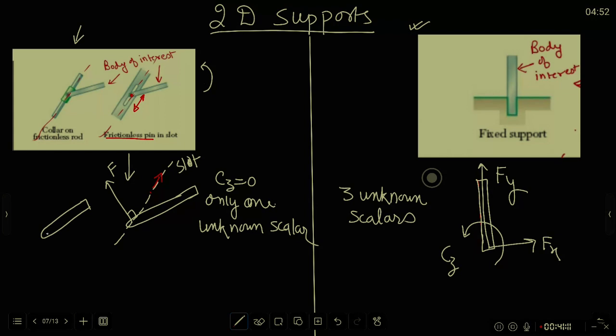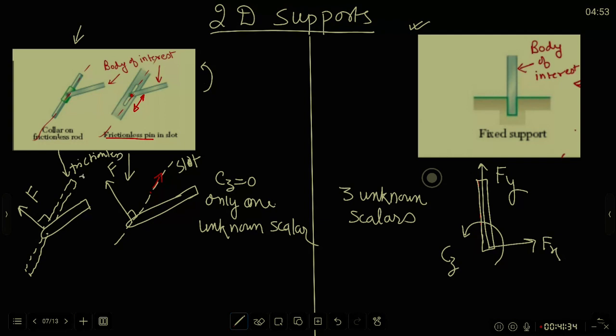There will be a force in this direction perpendicular to this. Okay, so this is the frictionless rod. There will be an unknown force in direction perpendicular to that.